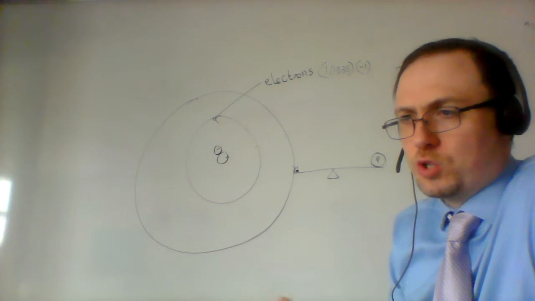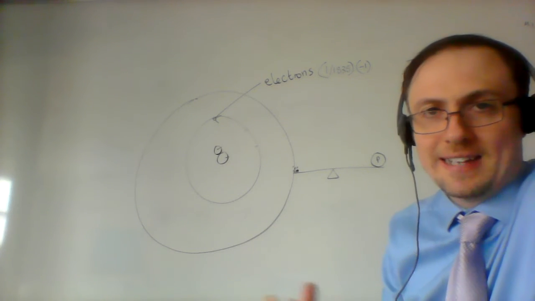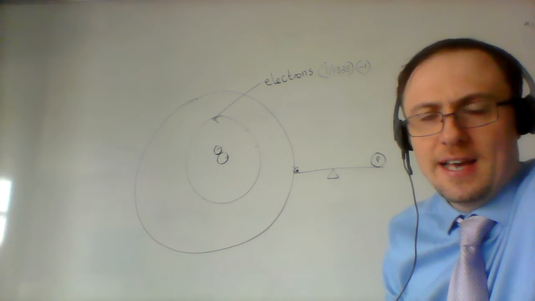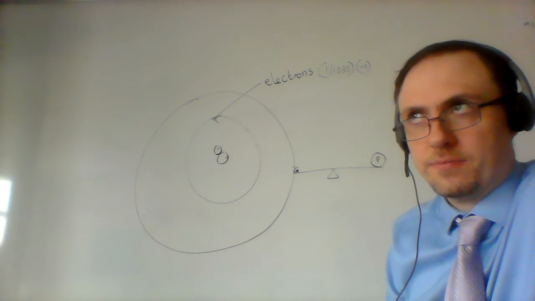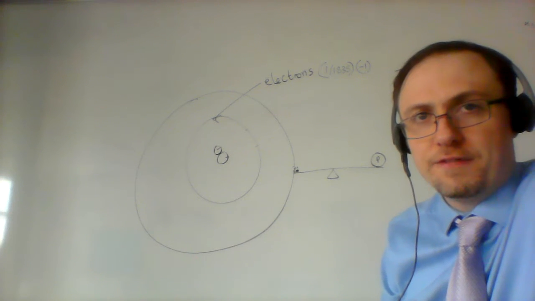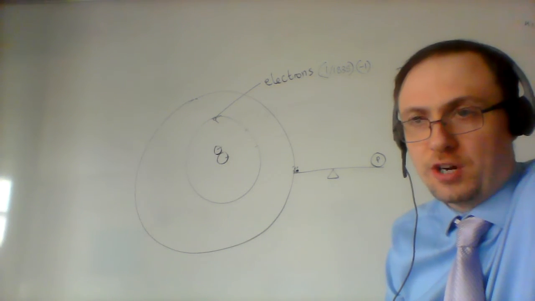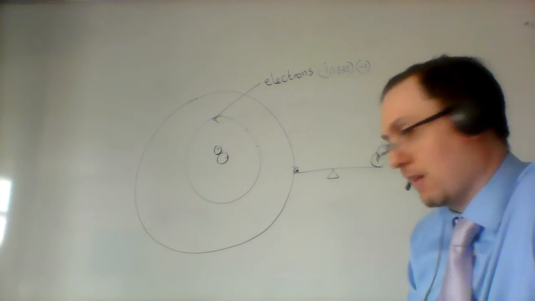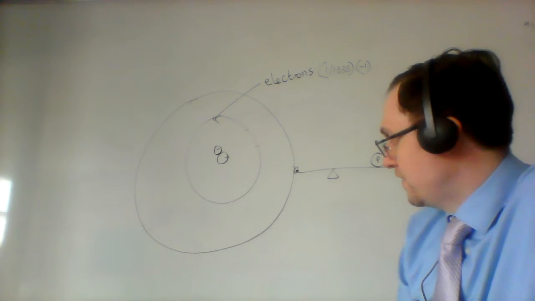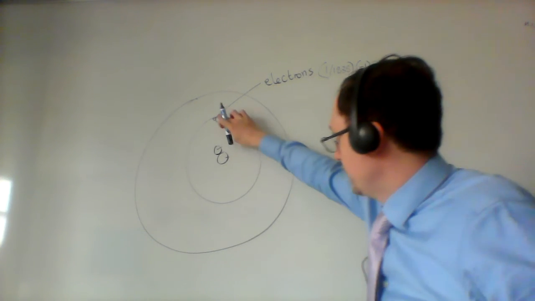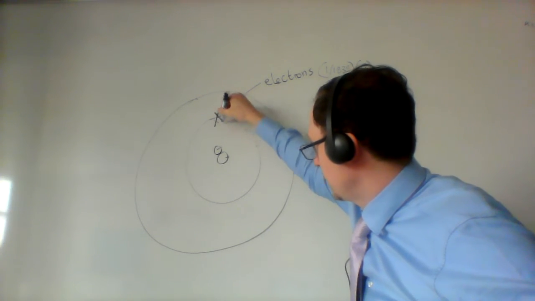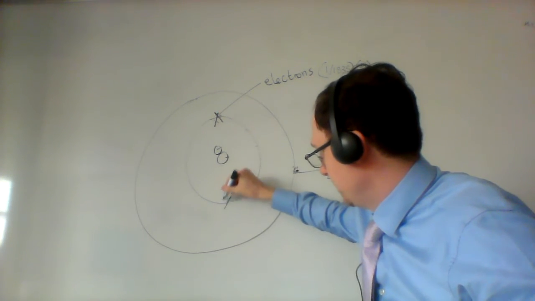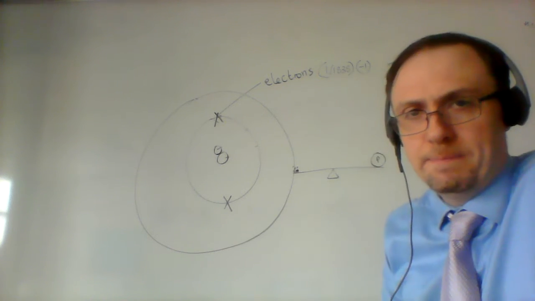Now, these circles, you might remember, in terms of atoms, we call them shells, okay? Electrons can be found in shells. How many shells can you fit? So how many electrons can you fit in each shell? Well, that rhymes, doesn't it? You can fit in the first shell 2, okay? And we often use the cross to represent the electrons, okay?